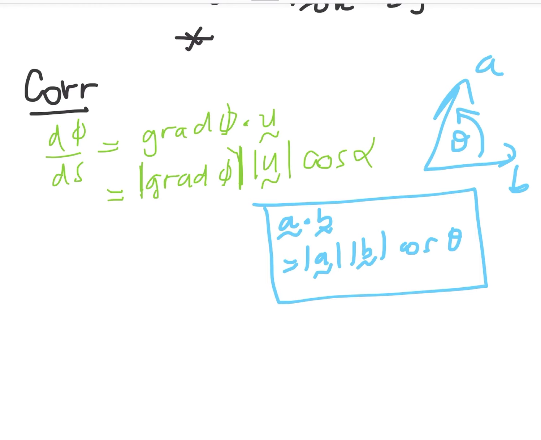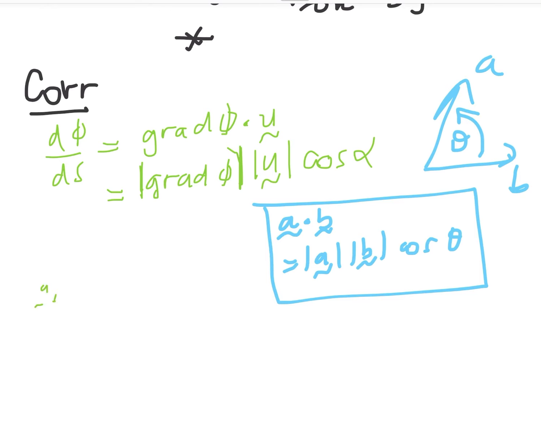So it's clear that since cos of alpha is between minus 1 and 1, the maximum value will be achieved when cos of alpha is equal to 1, and cos of alpha is equal to 1 when alpha equals 0. The mod of u is the magnitude of the vector u, which is equal to 1.